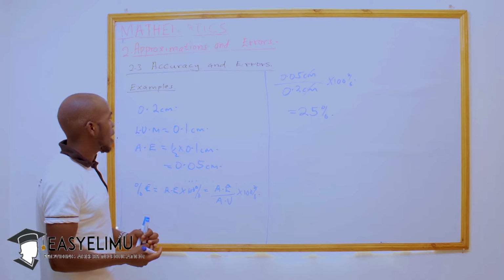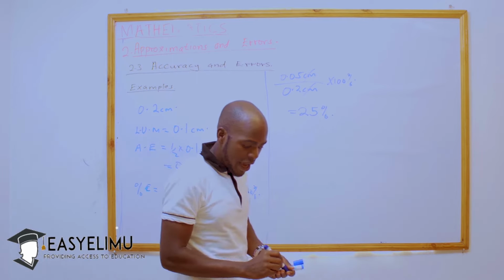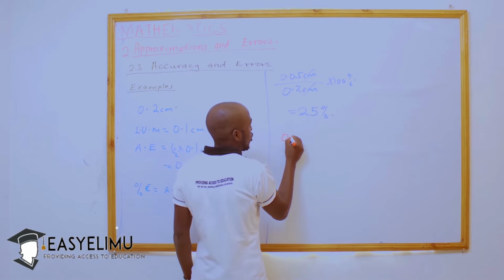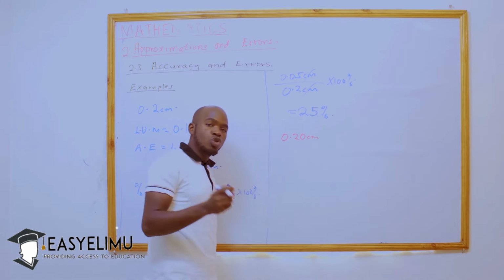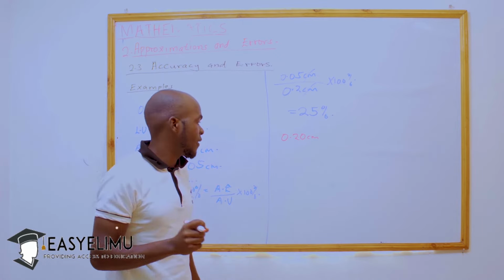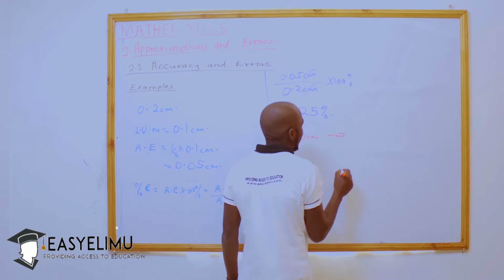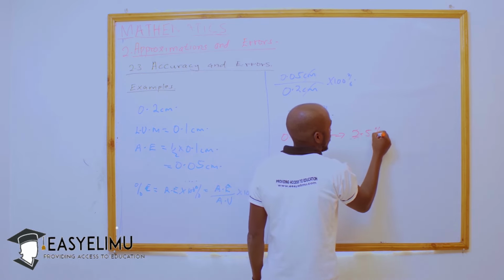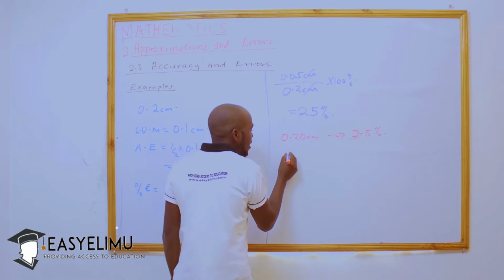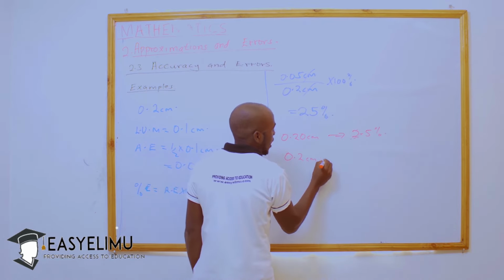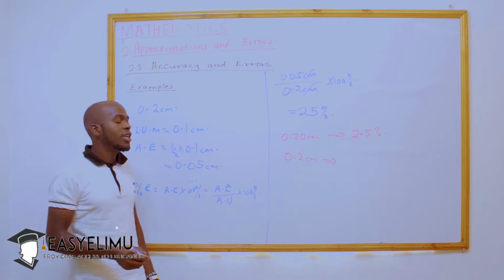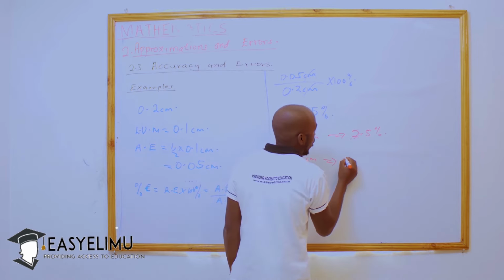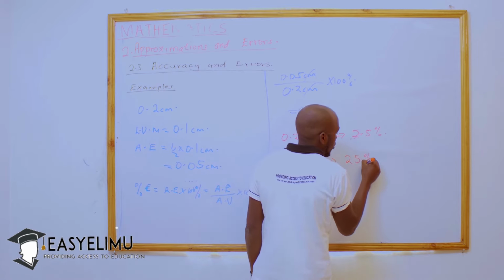But remember, if the thickness of that coin is stated as 0.20 centimeters to 2 decimals of accuracy, then we had a percentage error of 2.5%. But in case it's stated as 0.2 centimeters, which is to 1 decimal place of accuracy, we are going to have 25%.